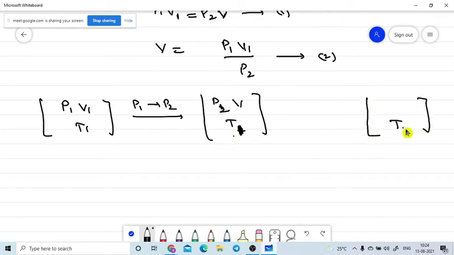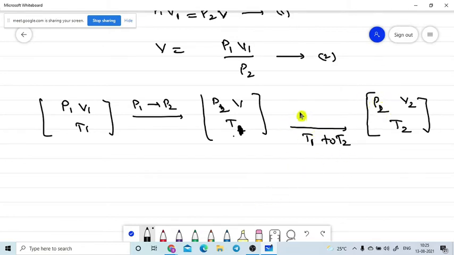The volume becomes V2, but I kept the pressure constant at P2.